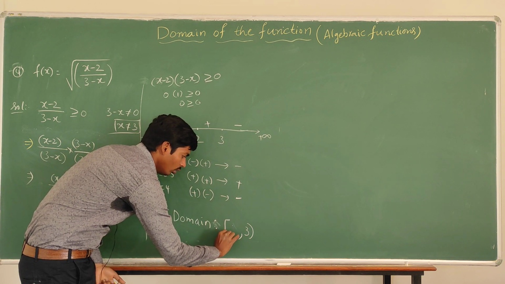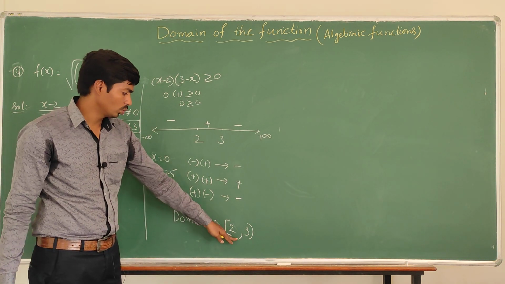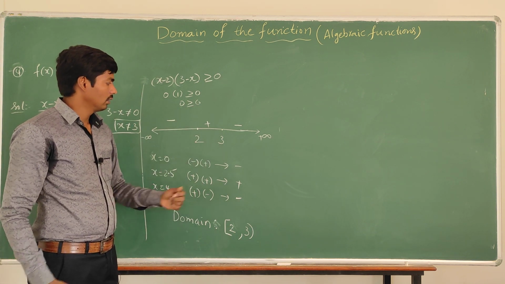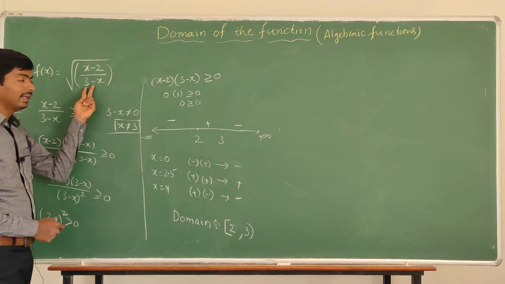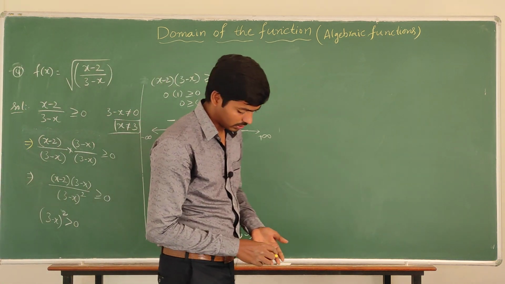So I will include 2, so it is closed at 2. From 2 up to less than 3, for all values of x, the given function can be defined. So this is the domain of the function.